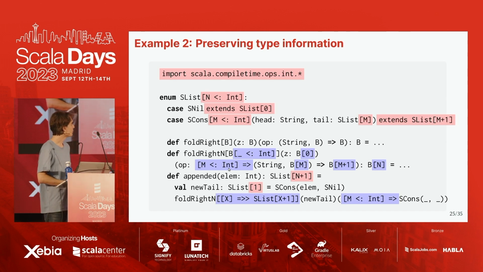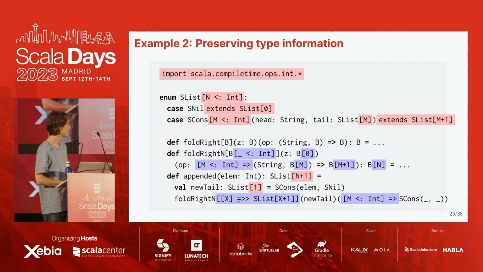And the way we're going to use this thing is a little bit devious, but we need b of 0 to be our new tail, our new last element of the list, which is of size 1. And we need b of n to be an s list of n plus 1.